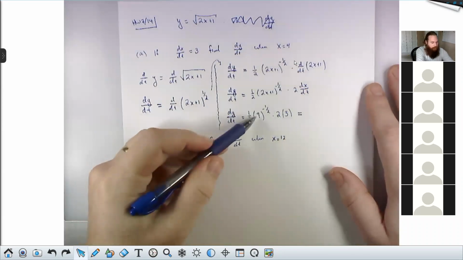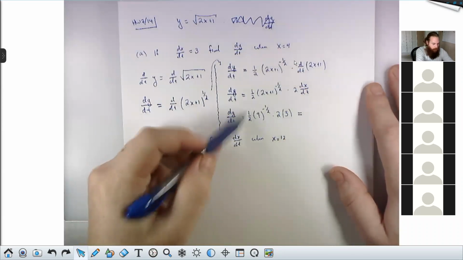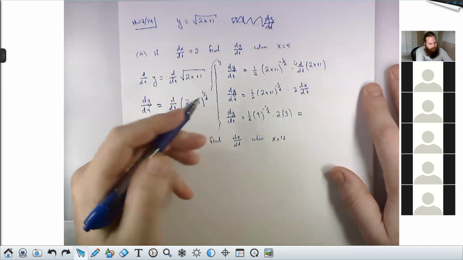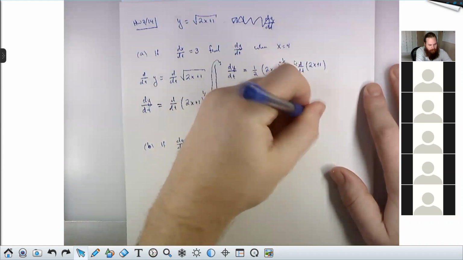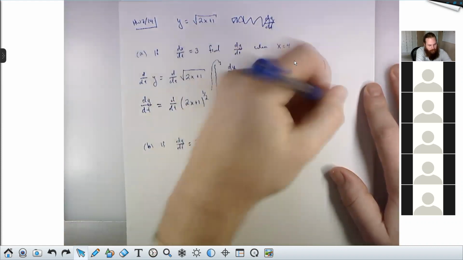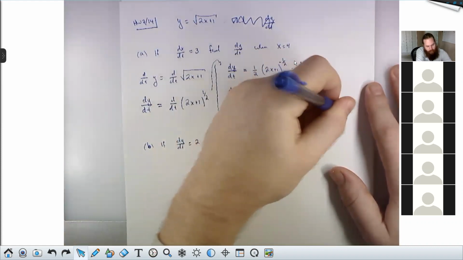So 9 to the negative 1/2, that's 1/3. 1/3 times 1/2 is 1/6. 1/6 times 6 is 1. So this is 1/2 times 1/3 times 2 times 3, which is 1.